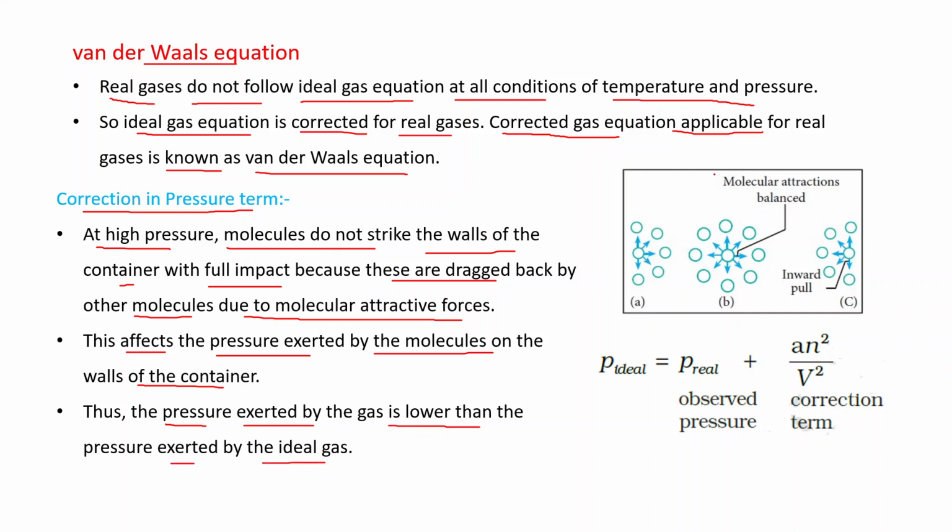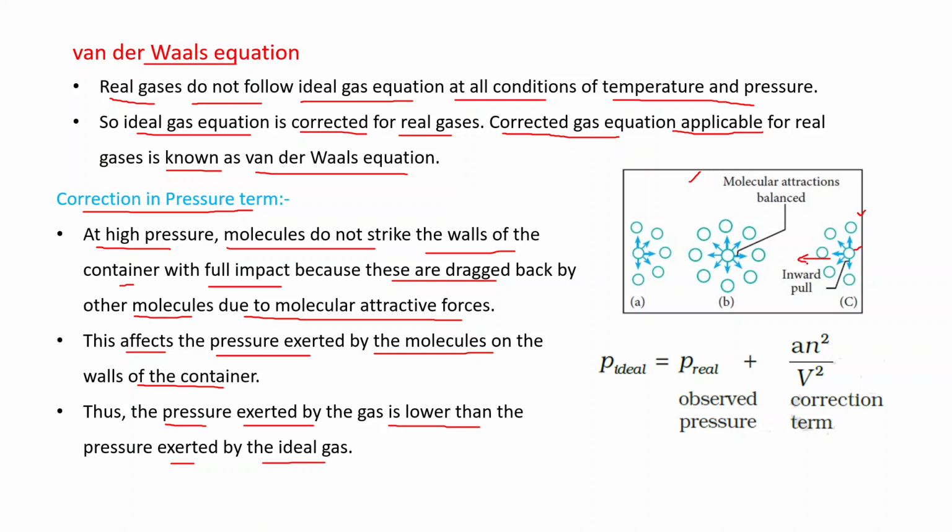You can see in this diagram the molecules which are striking the walls of the container like this. This molecule will feel a net inward pull this side. That's why this molecule will not strike the walls of the container with full impact.